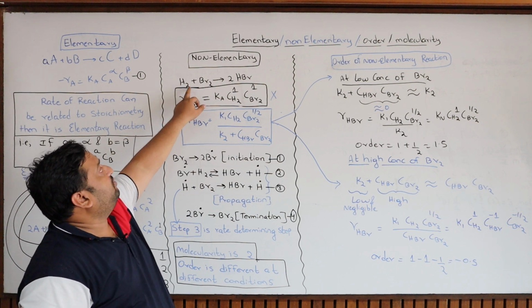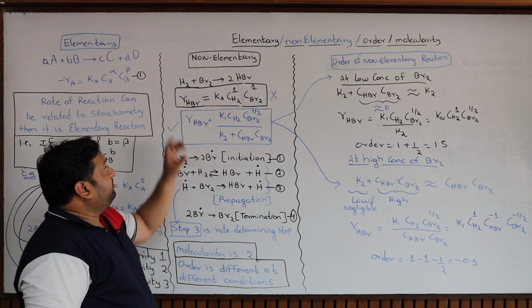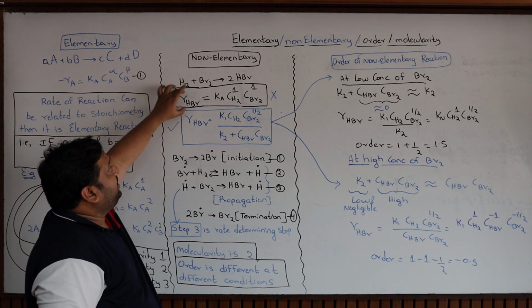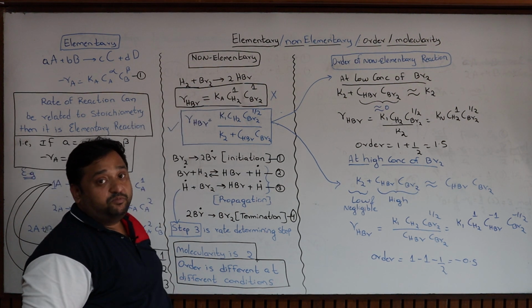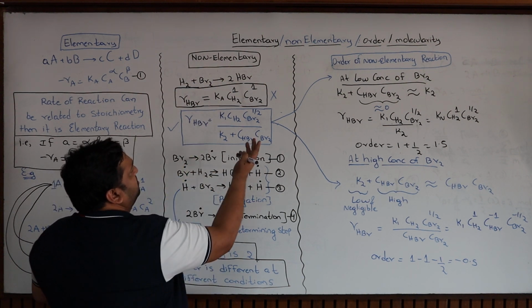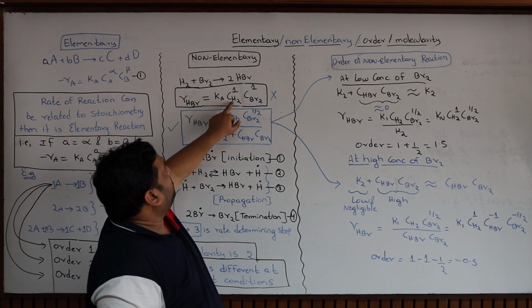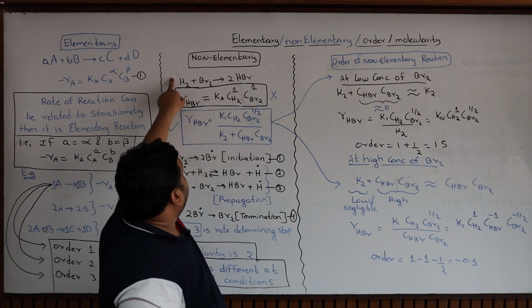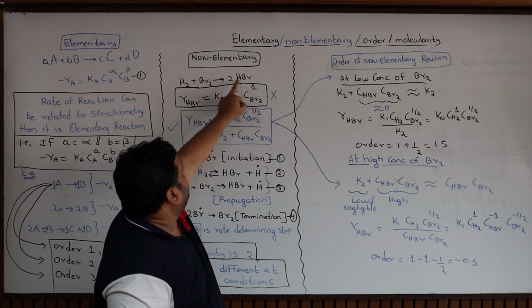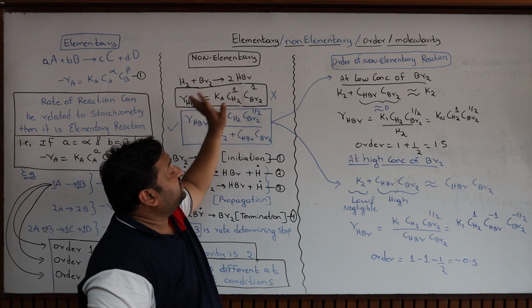Example, H2 plus Br2 gives rise to 2HBr, hydrogen bromide. If this is the reaction, what will be the rate of formation of HBr? It is nothing but some rate constant K times the concentration of H2 to the power 1 and the concentration of Br2 to the power 1. If these both get matched, then it is an elementary reaction.